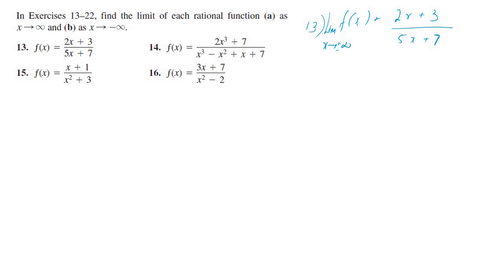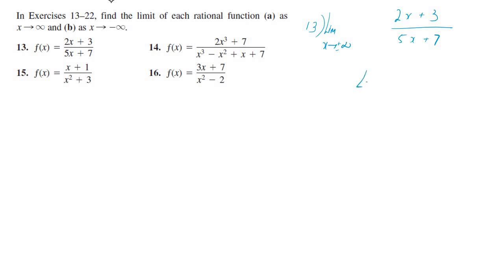They ask you to find the limit as x tends to positive or negative infinity. So what we do here is we divide by the highest power of x, which is x.